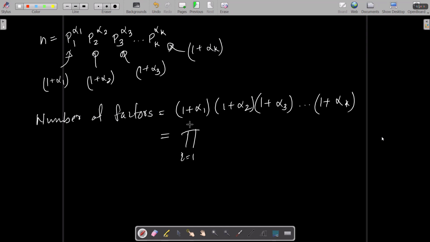We can start from 1 and go up to k. I have used the 1 index here instead of 0 index because it can confuse you, though it has nothing to do with the answer. So this is alpha i. If we take this product, that's it. So we can find the number of factors.